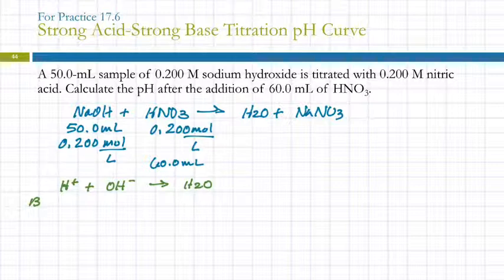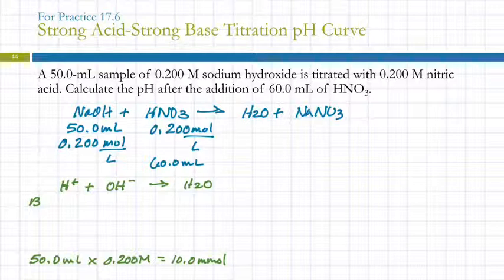So I've got 50 milliliters of 0.2 molar sodium hydroxide. So that's 10 millimoles of sodium hydroxide. So initially I have essentially 0 hydrogen ion, and I have 10.0 millimoles of hydroxide ion. You okay with that?